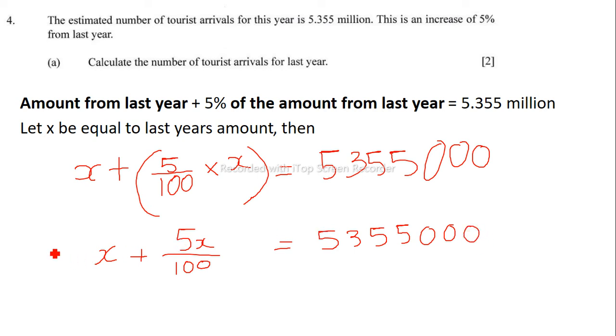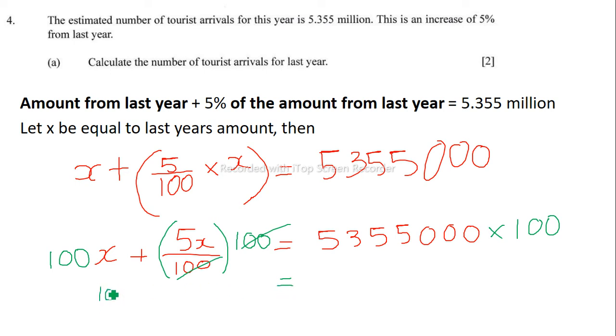Multiplying everything by 100, I'm going to multiply everything by 100 so that I can get rid of the 100 on this side. So it's going to be 100 times x, multiplied by 100 times this quantity, by the way. And so, of course, this cancels out with this.